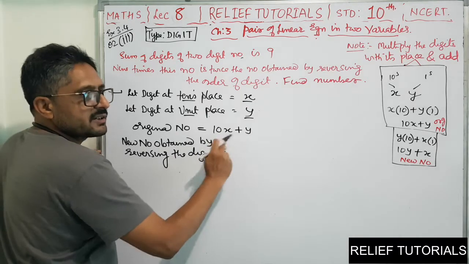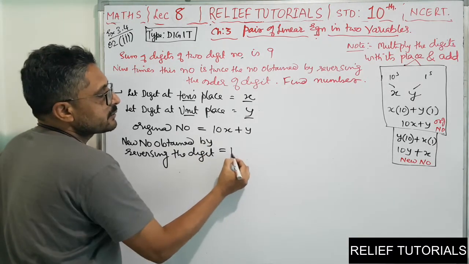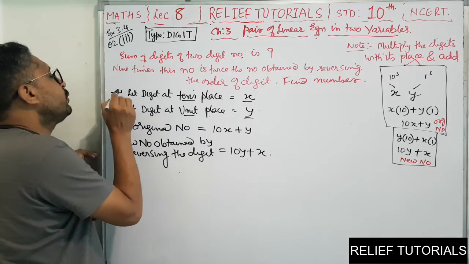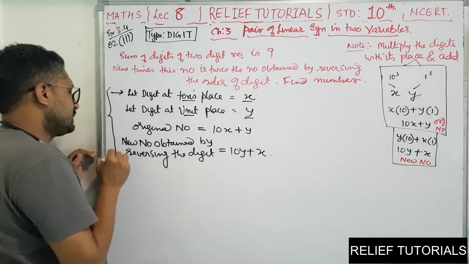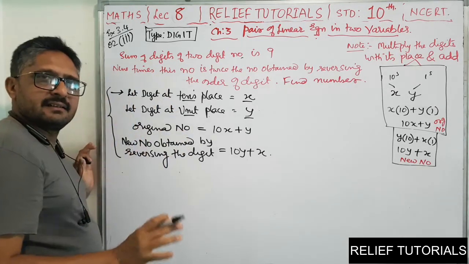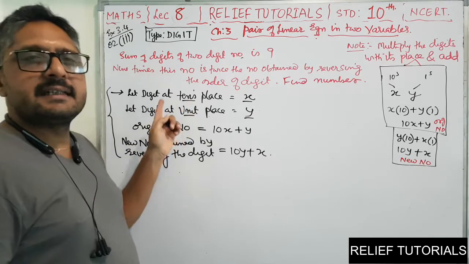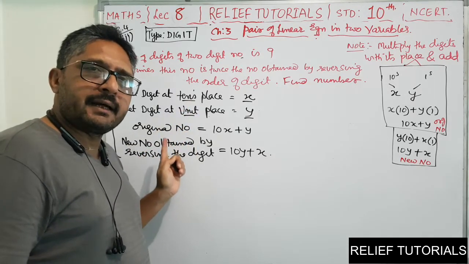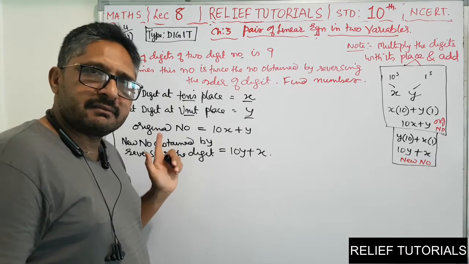So you have to just reverse the digits: in place of x you will write y and in place of y you will write x. So these 4 steps are a must in every problem related to digits: digit at tens place, digit at unit place, original number, and new number obtained by reversing the order of the digits.